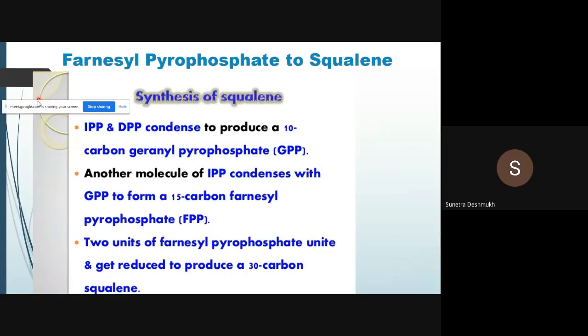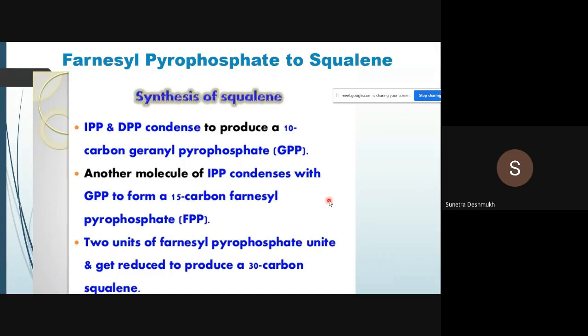Now we will see how to do the synthesis of squalene, from farnesyl pyrophosphate, FPP. IPP and DPP condense to produce the 10 carbon geranyl pyrophosphate, GPP.